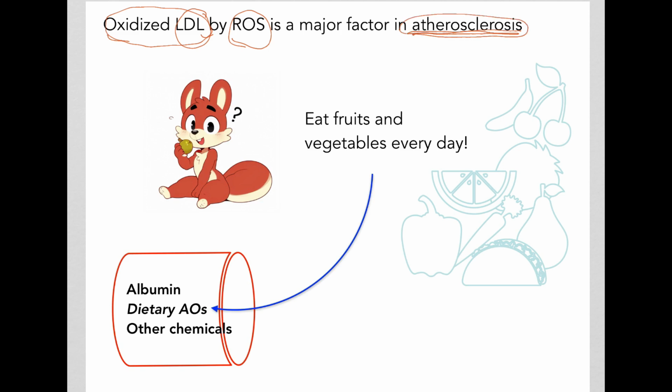So clearly we must try to reduce the ROS in our bloodstream. And this is one of the main reasons why physicians and nutritionists tell everyone, eat your fruits and vegetables every day, because you need these dietary antioxidants every day to help the albumin as well as other chemicals take care of this ROS that is being produced all the time in the body.